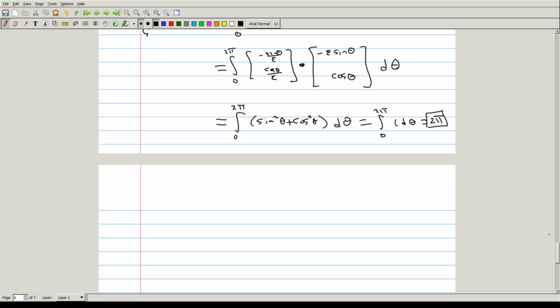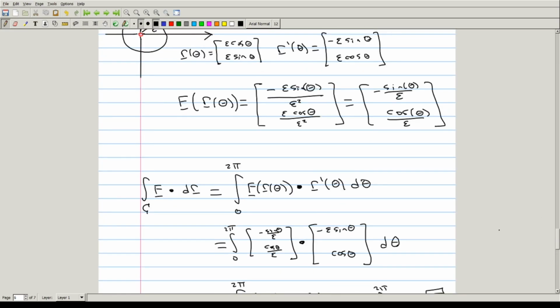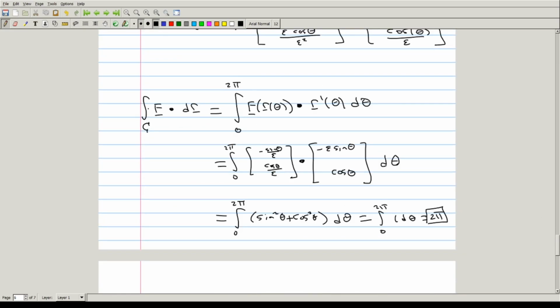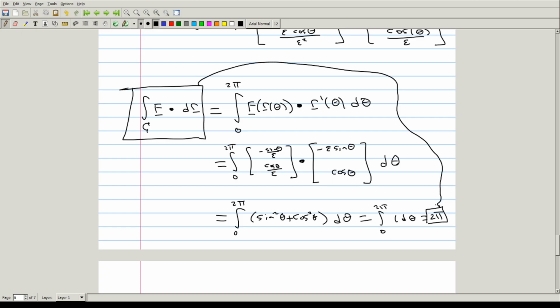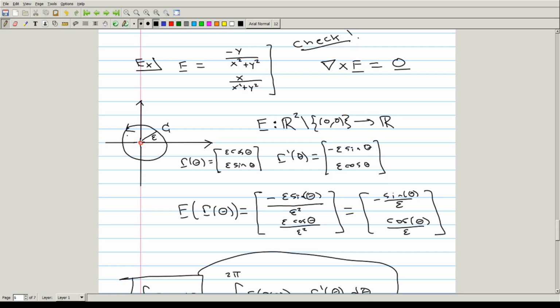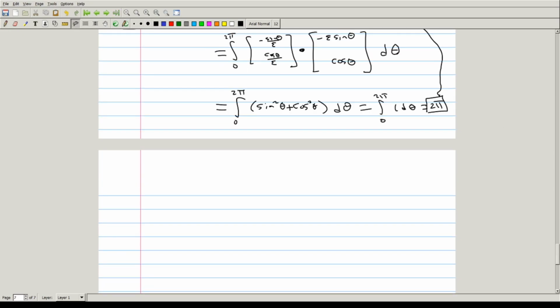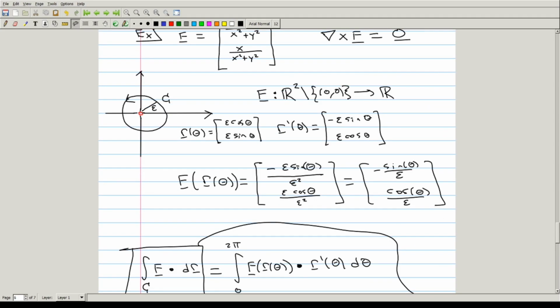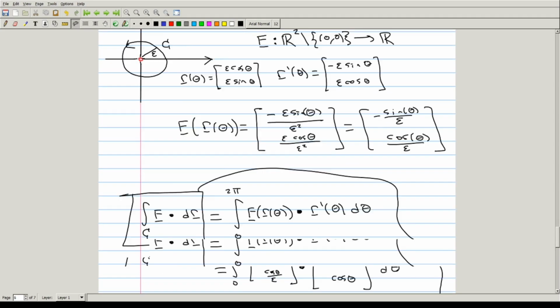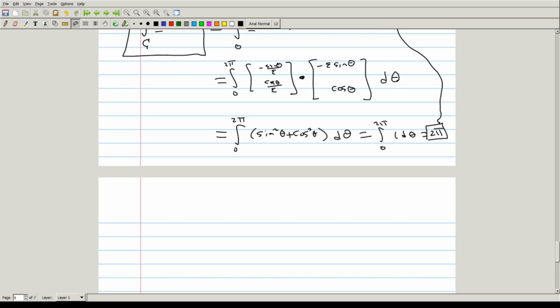Right, so the value of the circulation around this circle is in fact just equal to 2 pi. That's the circulation of this vector field around the circle of radius 1. And now this is it. This shows us that this vector field f cannot be conservative on the indicated domain, because we found a closed path.